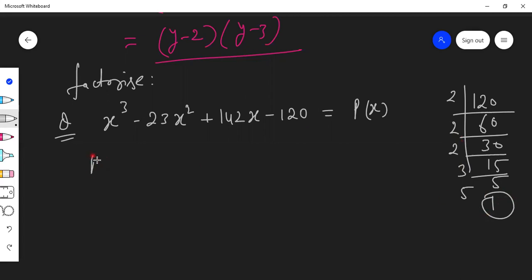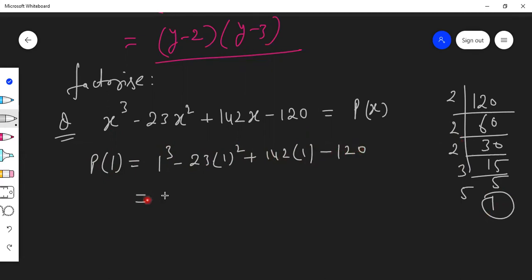So what we will do is we will check P1, whether it is 0 or not. Let's see what is P1. P1 is 1 cube minus 23 into 1 square plus 142 into 1 minus 120.